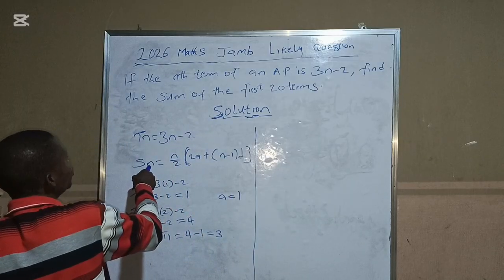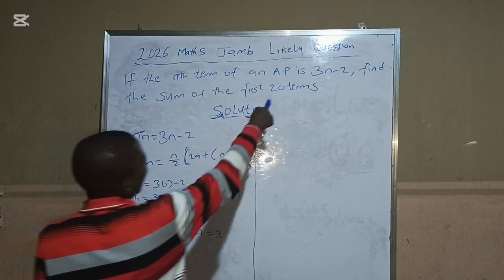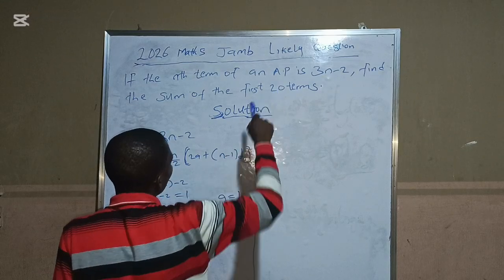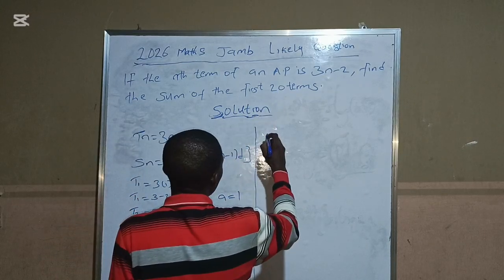Anytime we see n, we input 20, because we have to find the sum of the first 20 terms. So let's write the formula again.